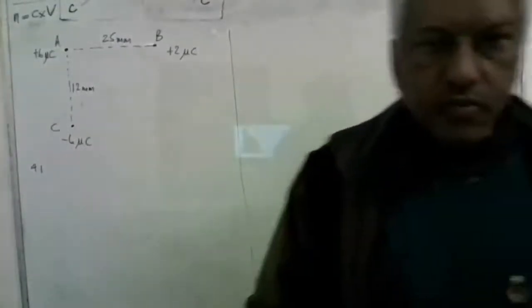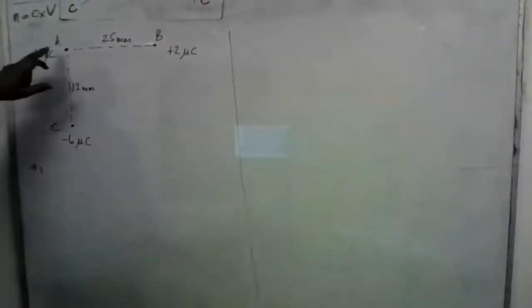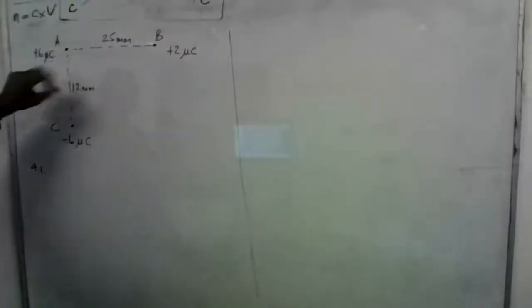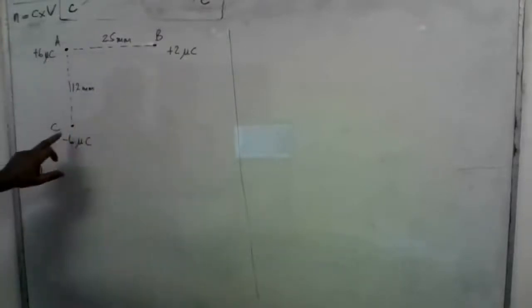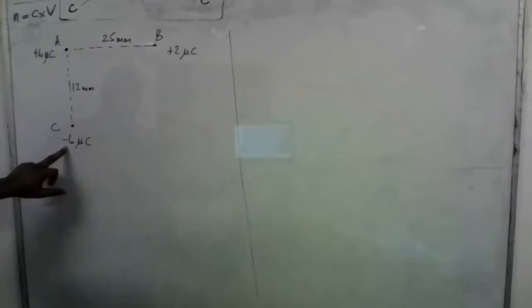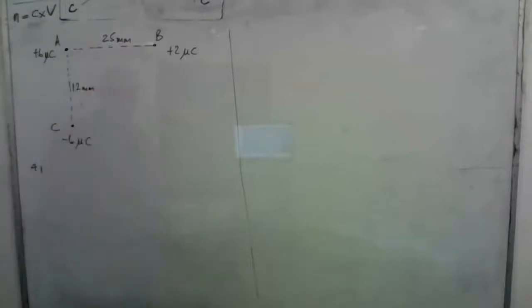Righto. So this is what we have. Alright, so you've got 3 charges at right angles. A is plus 6 microcoulomb, B is plus 2 microcoulomb, and C is minus 6 microcoulomb. And we've got the distance between the two.